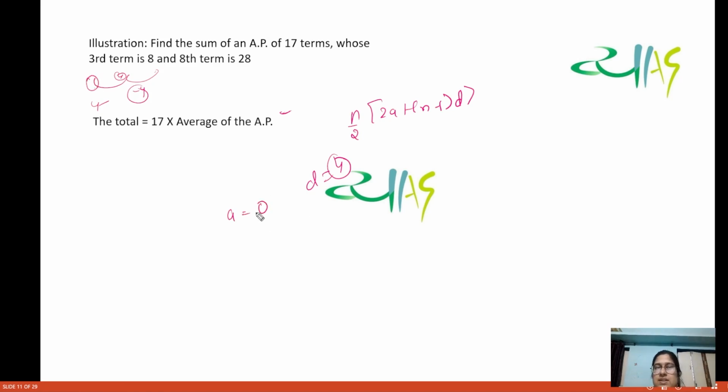So now you know your first term is 0. The process is the same: we have 16 into 4 and this is 17 by 2, so this is how you get your answer.